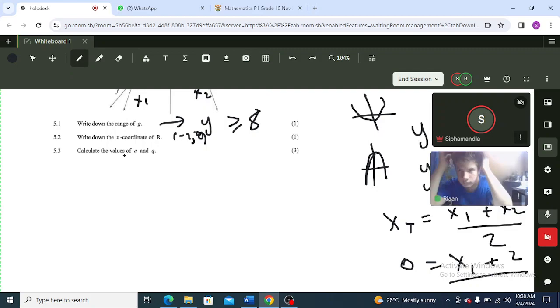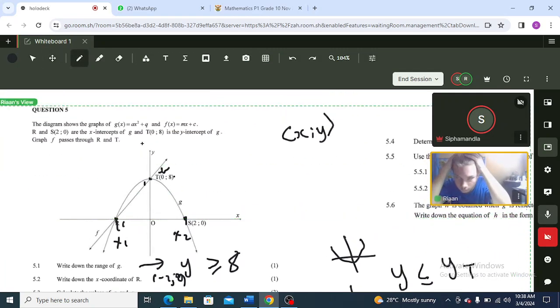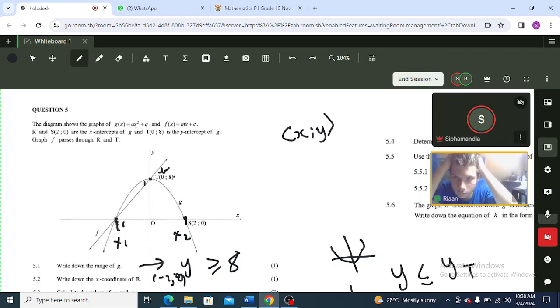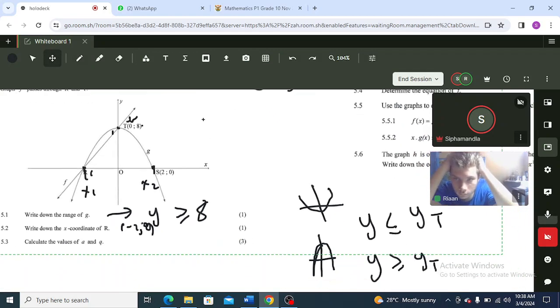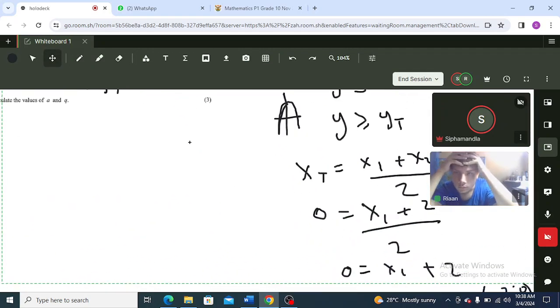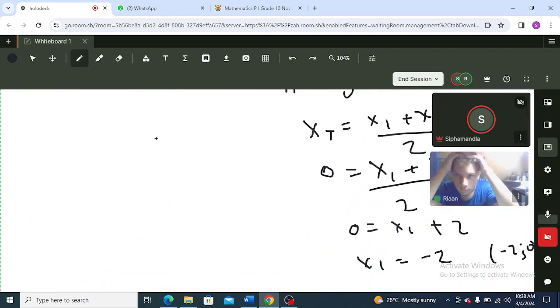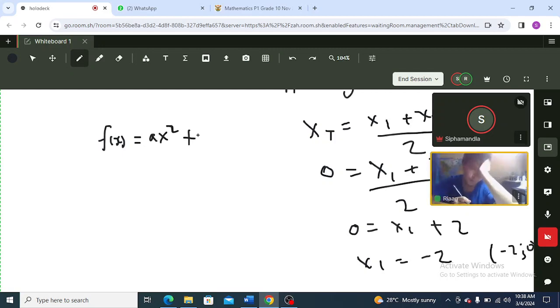Now, there's an interesting part. They say calculate the value of a and q. You can see that the value of a is on the quadratic function. Now remember, I said the general equation for the quadratic function is f of x equal to ax squared plus bx plus c.